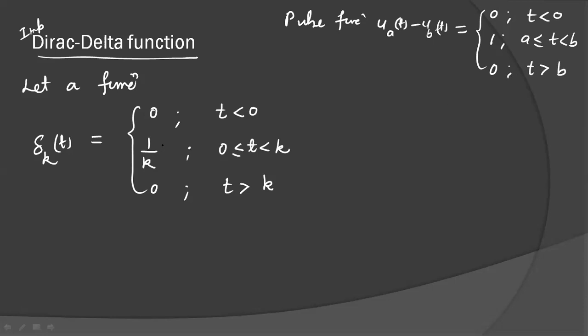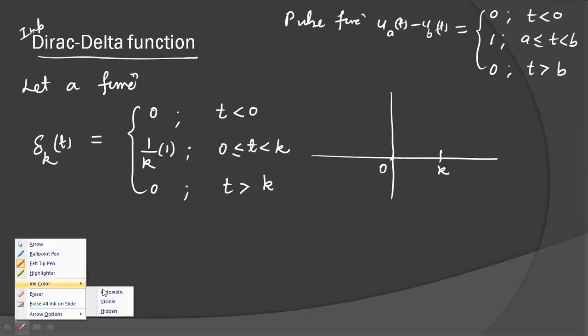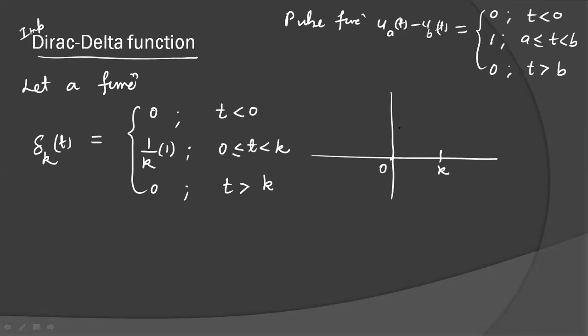You can say this is 1 over k, so we can write 1 and multiply by 1 over k, and take it outside. Graphically, k is positive here, so we can draw this graph also. When t is between 0 and k, the value is 1 over k.